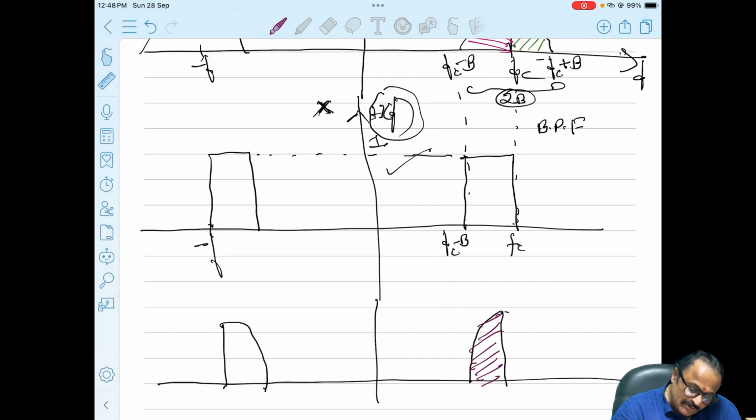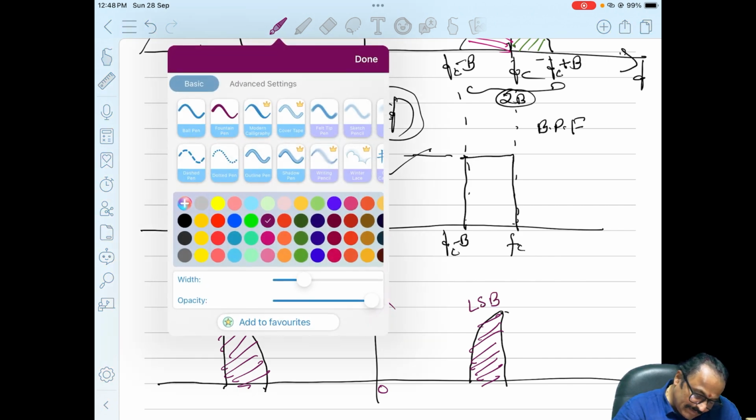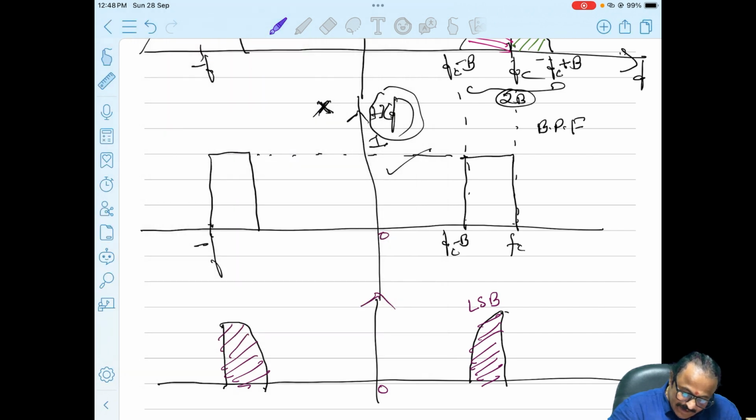The upper side band will be removed because this is 0, and this multiplied by 0 is 0. So what you get is this, your lower side band. The upper side band will be removed. We can see here, this is the upper side band. So USB is removed.